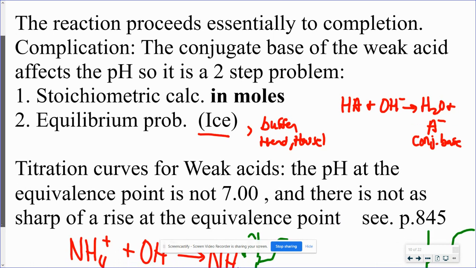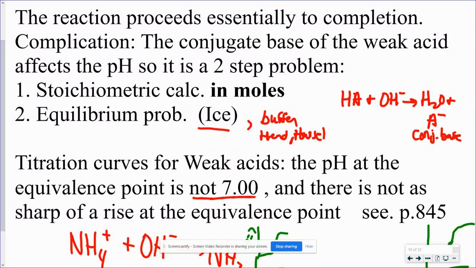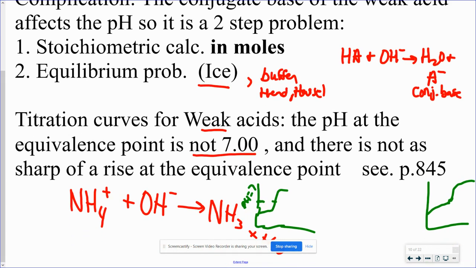So it's multi-step. If we plot the titration curve for it, the pH at the equivalence point is not 7 for a weak acid, because again, there's still conjugate base at the equivalence point. It's not just salt water. So the titration curve looks different.